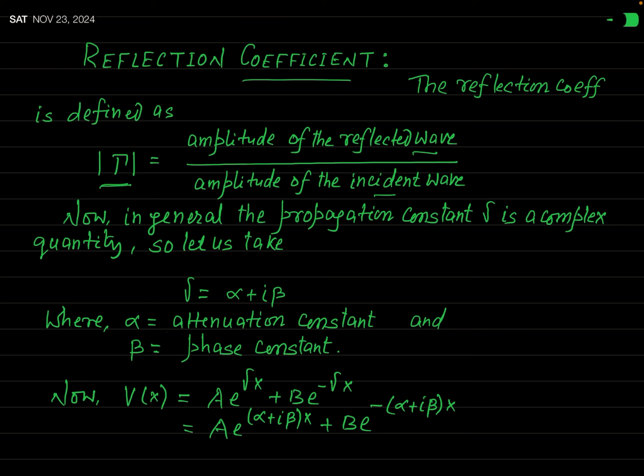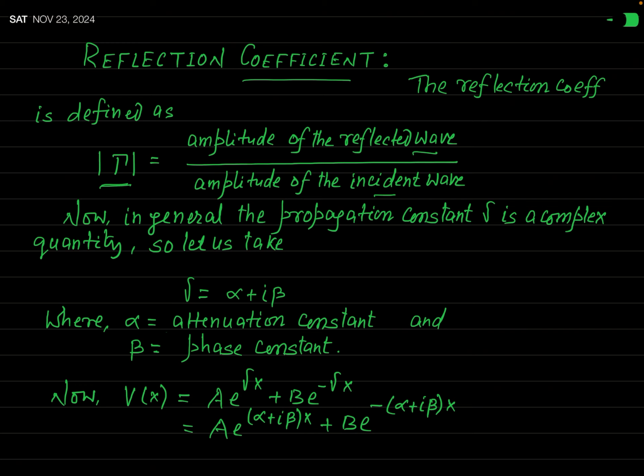So we will separately calculate the reflection coefficient for the voltage wave and the current wave. But before that, we will have to cast those equations for voltage and current in proper form so that they represent a wave and we can decide the amplitude of that wave.